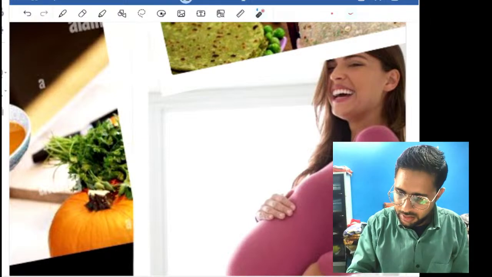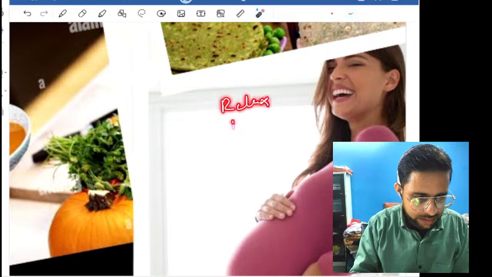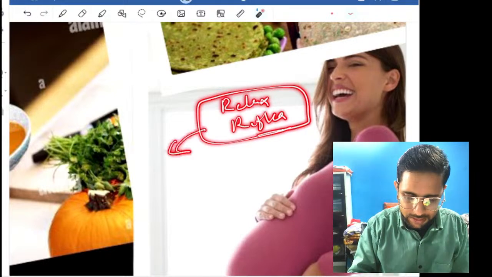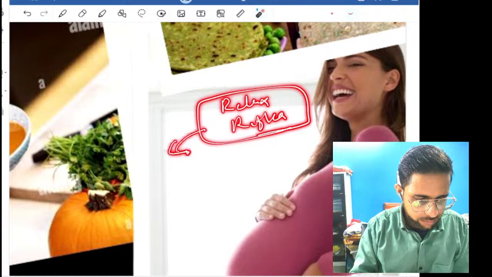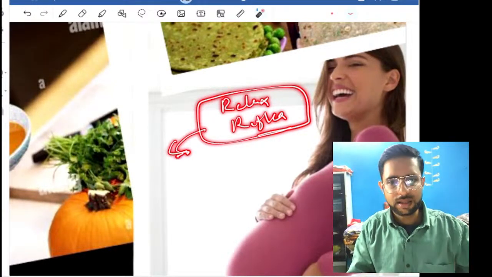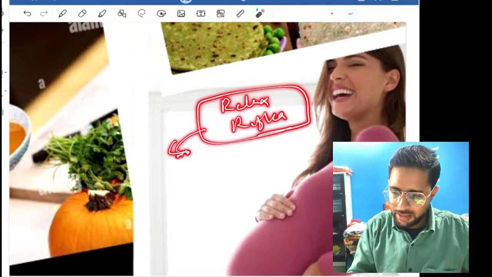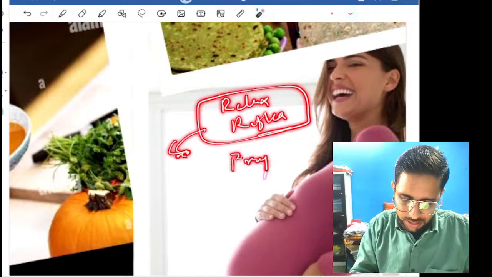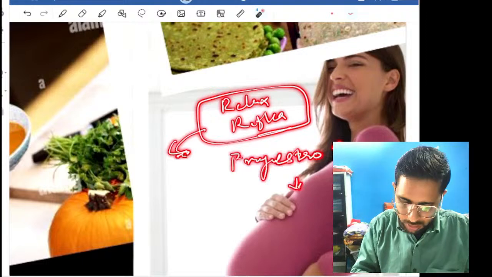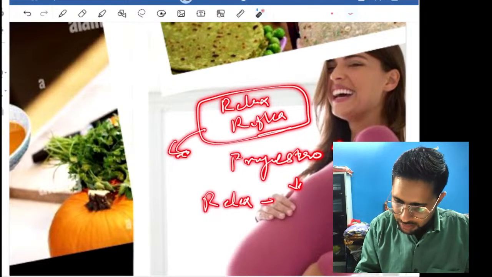And what is the mnemonic of relax and reflex? Anybody remember the mnemonic? Relax and reflex. What did we study? That in pregnancy progesterone increases. This progesterone relaxes the lower esophageal sphincter.